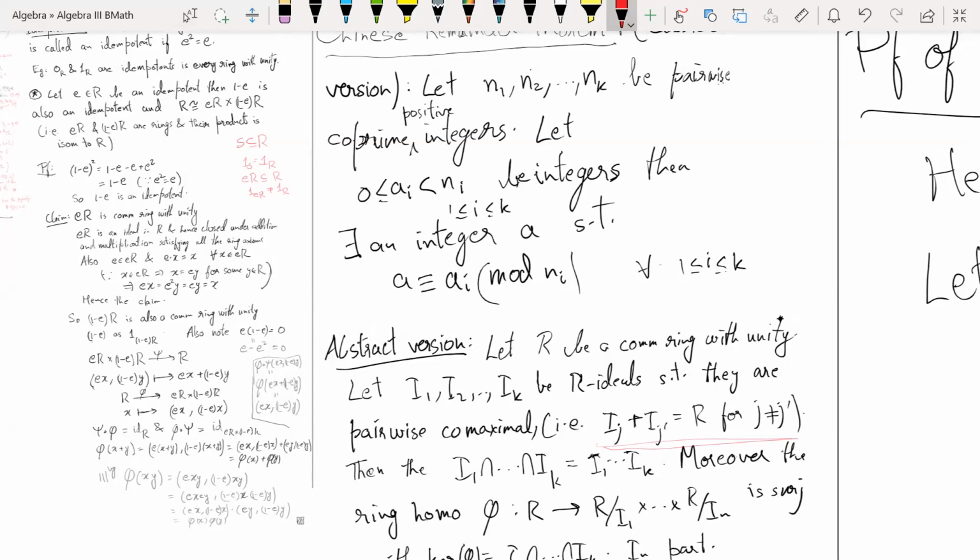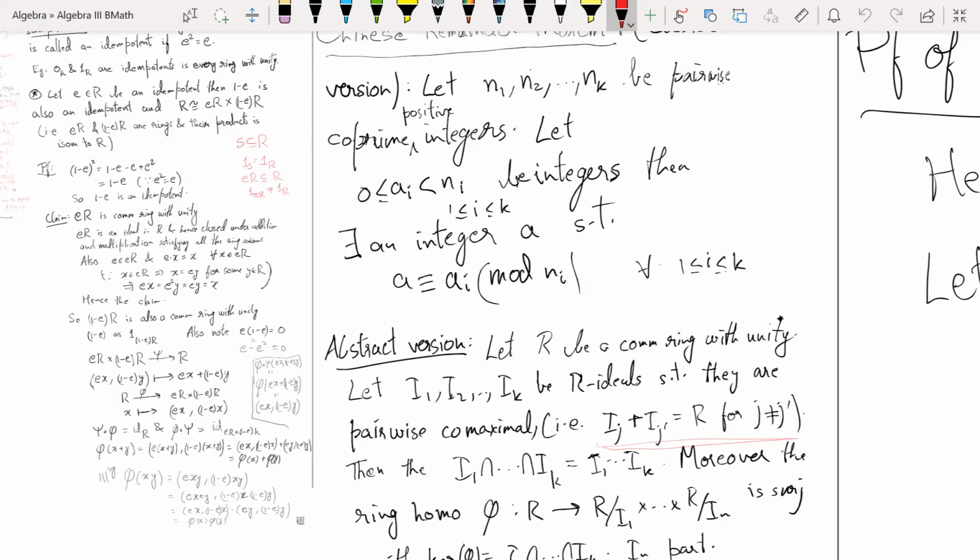Once you have that hypothesis, the first conclusion is that the intersection of these ideals is the same as the product of these ideals. When we were talking about the product, I had made this remark for two ideals, but this works even for many ideals if they are pairwise co-maximal.